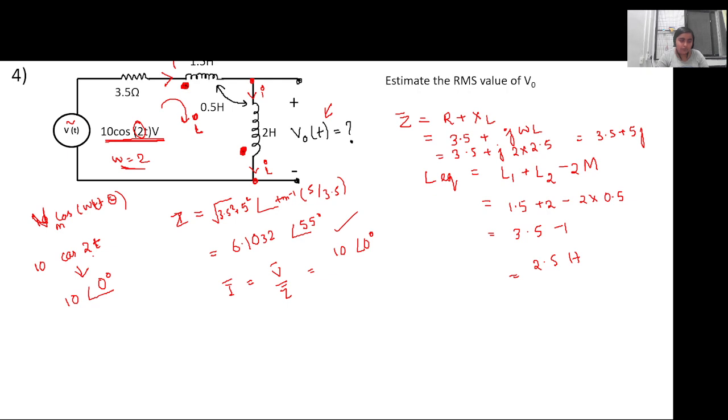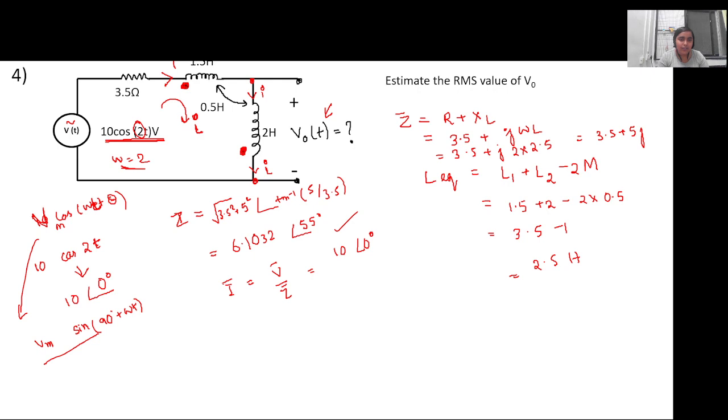You can write it in standard form: Vm cos of omega t, if you write in terms of sine of 90 degree plus omega t, this will be cos of omega t. So in that case, this equation will be in terms of sine.